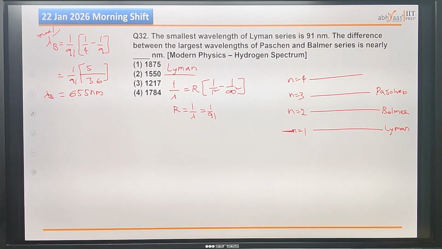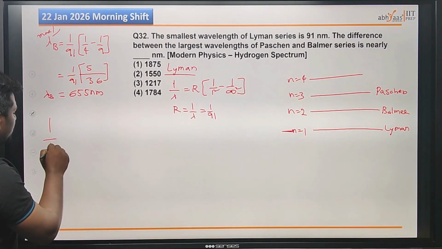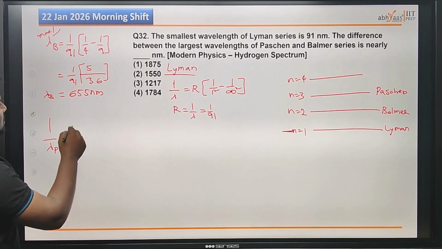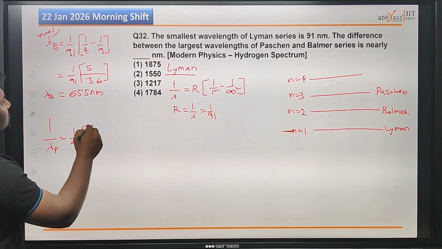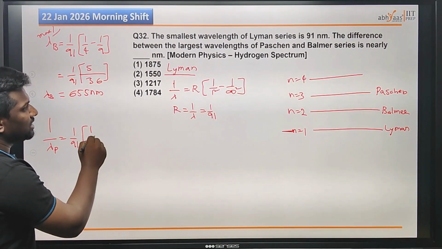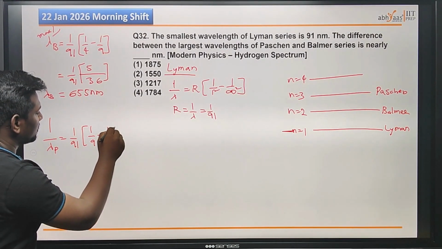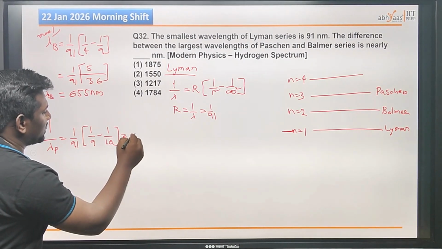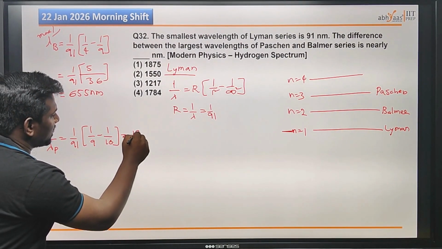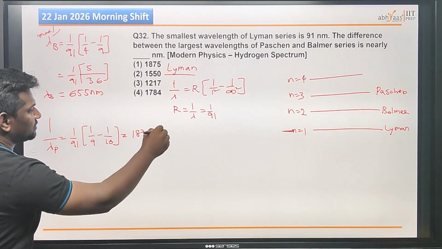So next one, see here, Paschen, lambda p, that is nothing but 1 by 91. What is the N1 here? N1 is nothing but 3, that is 9 square. So 1 by 16. So what you are getting? You are getting 1872 nanometers.